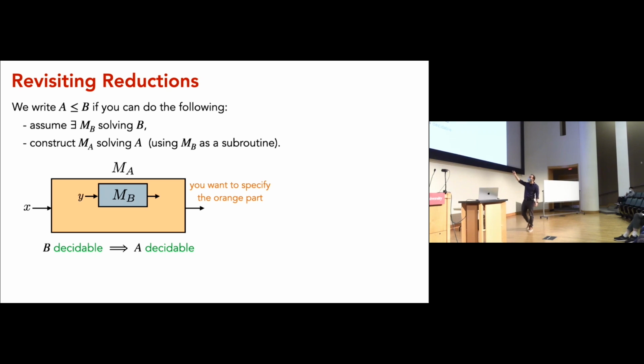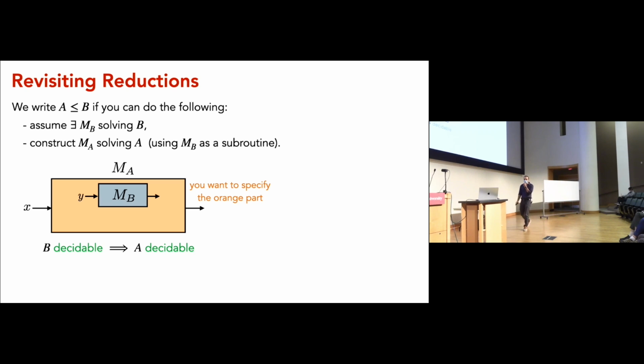So when you're showing a reduction, of course, you don't care about M_B. Showing a reduction from A to B does not require you to come up with a decider M_B, not at all. You just assume it exists. You treat it as a black box. In fact, B may not even be decidable. That's also possible. So you don't care about that. You only need to make sure that you specify all the other parts correctly.